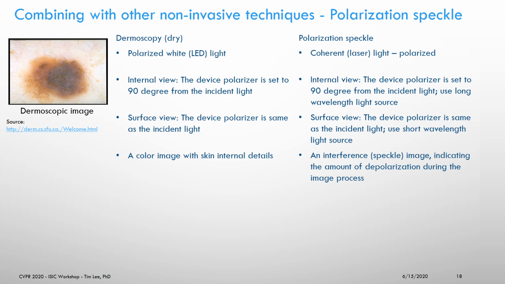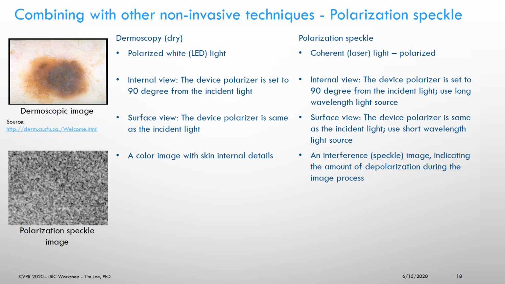But because we use a laser light rather than a white light, we have another option. The internal view could be generated by using a long wavelength light source, such as red light. On the other hand, a surface view could be generated using a short wavelength light source, such as blue light.